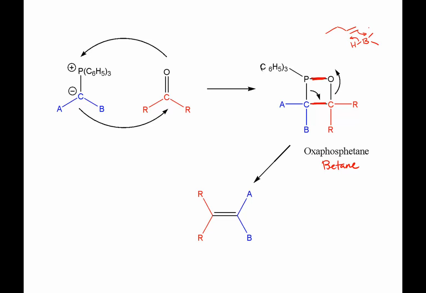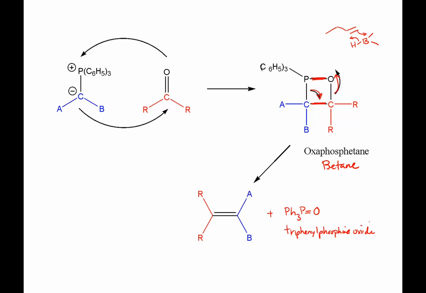We're just forming this oxaphosphetane betaine, and then in this process, that four-membered ring is going to cleave. So I'm going to take this pair of electrons in the phosphorus-carbon bond to form the double bond, break the C-O bond, and what I end up doing is forming my carbon-carbon double bond, and I also end up forming what is called triphenylphosphine oxide.